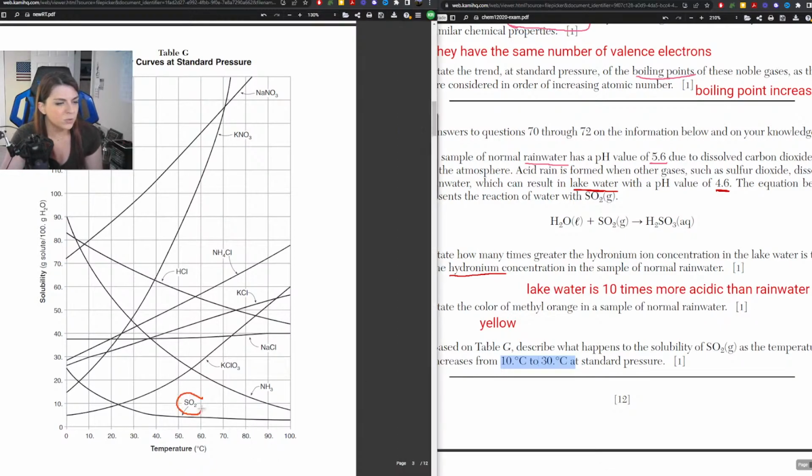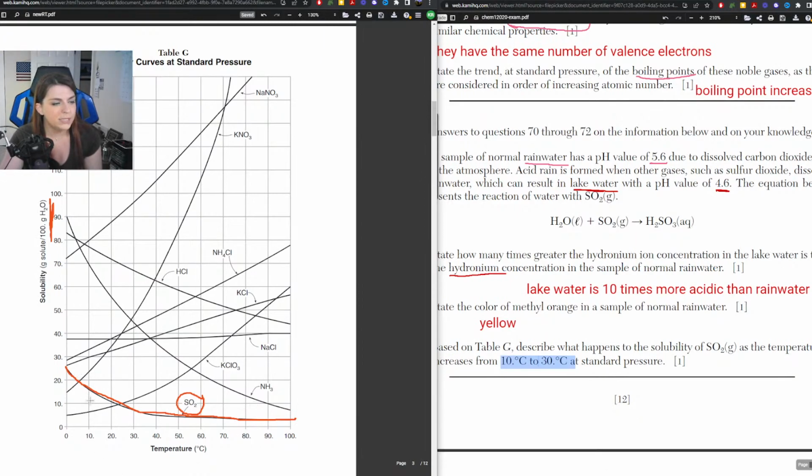We are looking at SO2. This entire graph is on solubility in 100 grams of water. We're looking at this line only. All of the other lines are garbage.